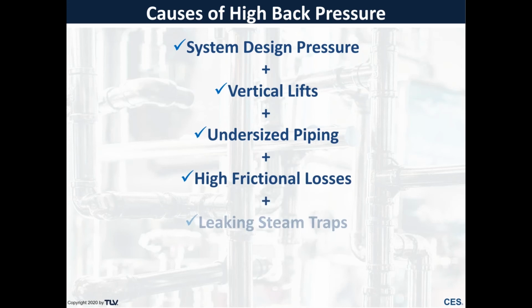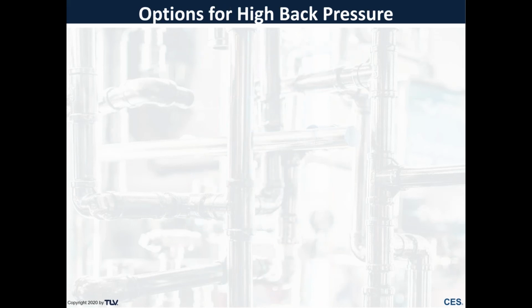You also have problems with leaking steam traps, leaking live steam into your condensate return line system, increasing the pressure, as well as having hidden problems like open bypasses, which can be a significant contributor to live steam in your condensate return line. So what are your options for dealing with high back pressure?